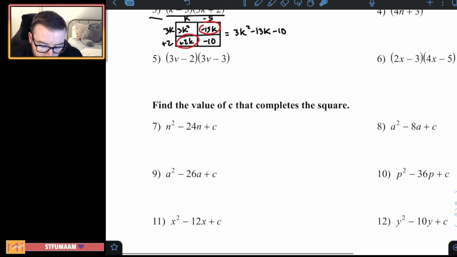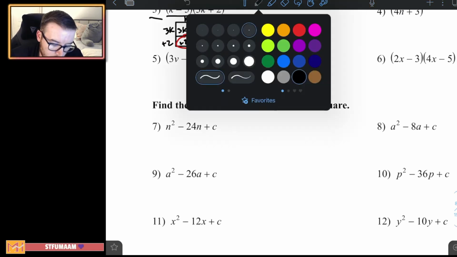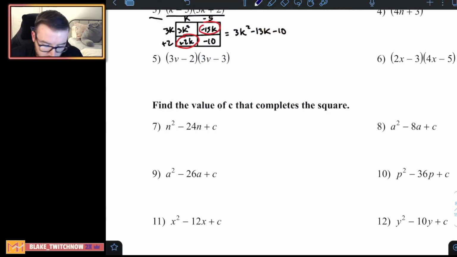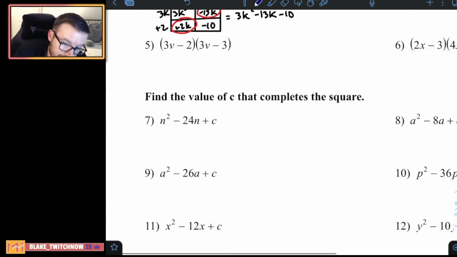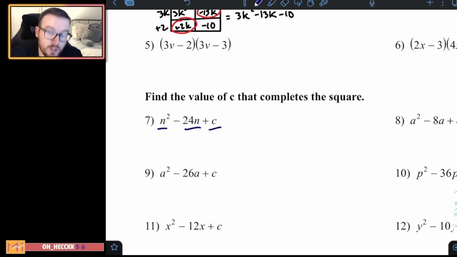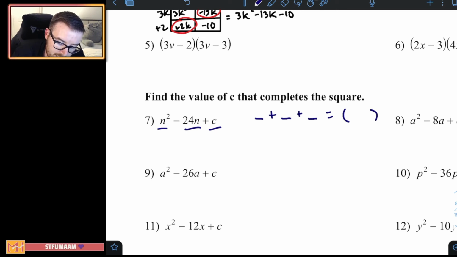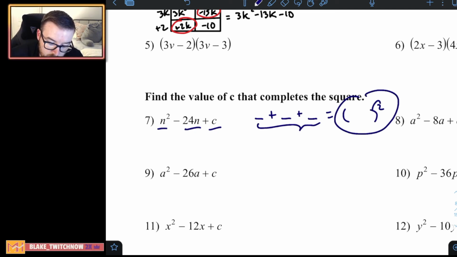So, find the value of c that completes the square. If you recall, completing the square from Algebra 1 is where you take a trinomial, meaning three terms, and rewrite that three-term expression into something like this. We are taking this trinomial and writing it as a square. That's what completing the square means.